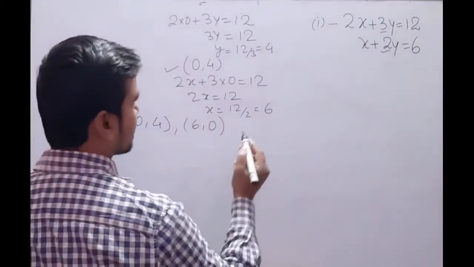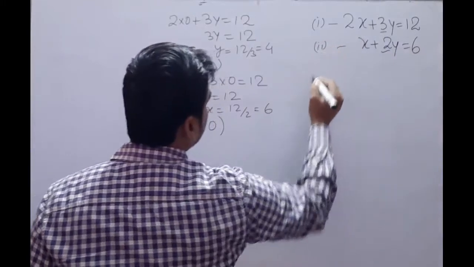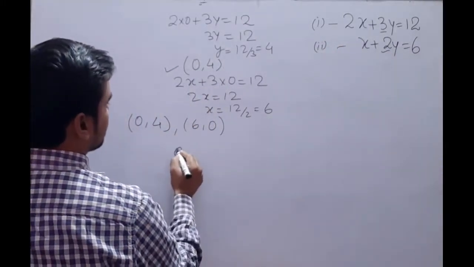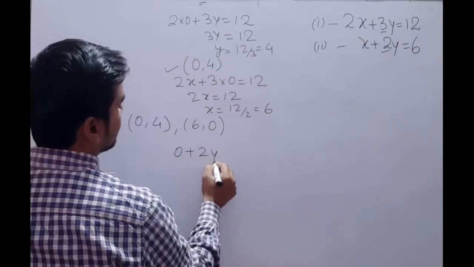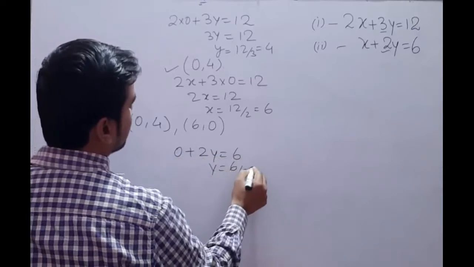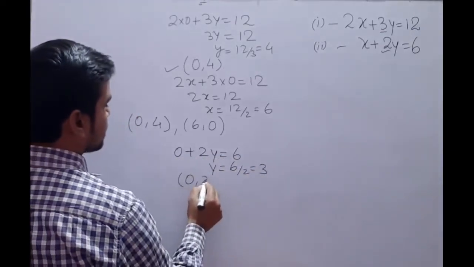Similarly for the second equation, we do the same process. x equals 0, so 0 plus 2y equals 6, y equals 6 by 2, that is 3. So the coordinates are (0, 3).